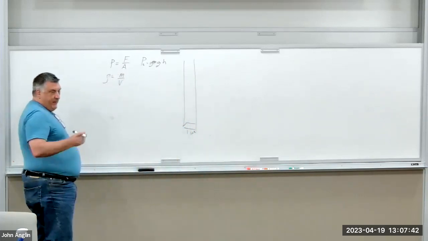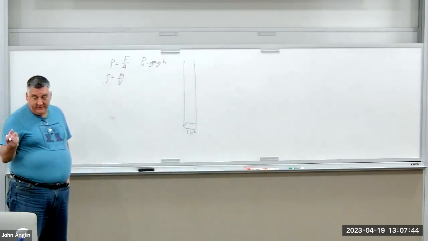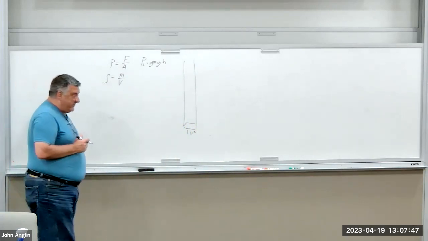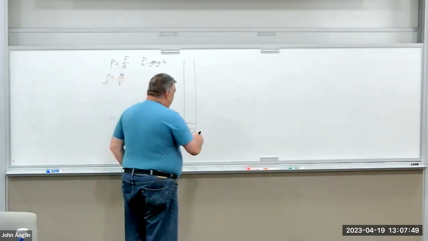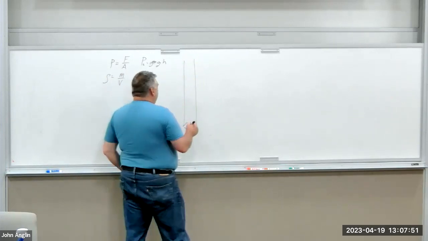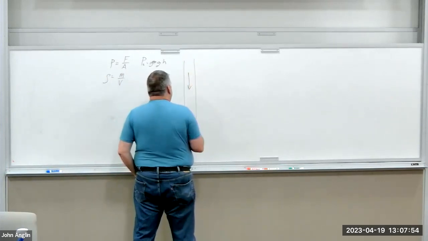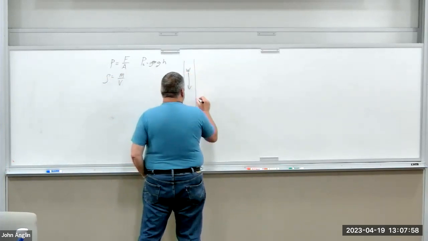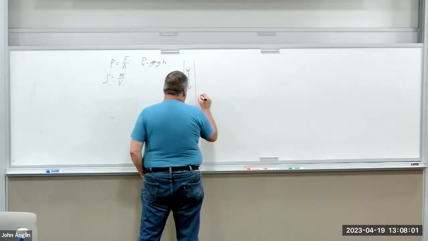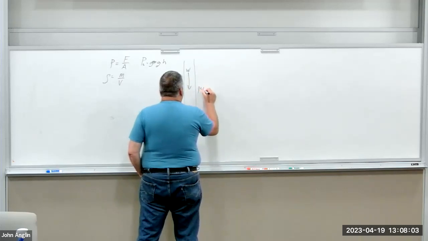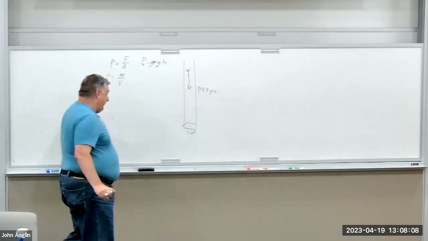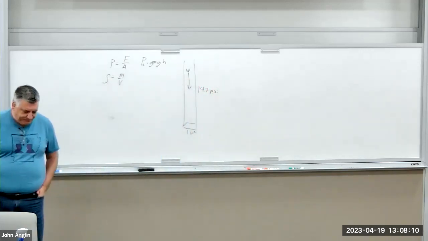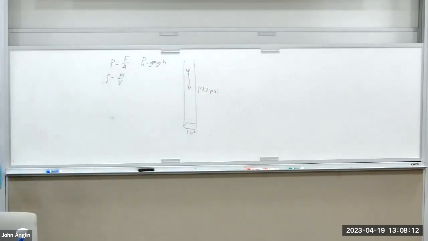And that column has a surface area on the bottom of 1 square inch. If this is on Earth and we go all the way to the edge of the atmosphere, then obviously there's some weight here. And the weight of that 1 square inch column is the pressure of the atmosphere, 14.7 psi on Earth. And that's at sea level, by the way.